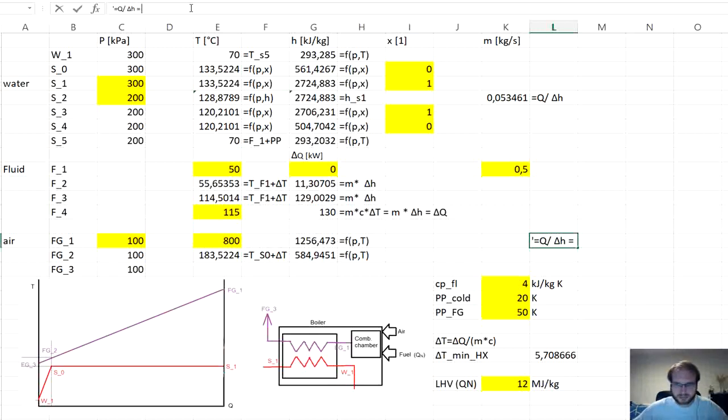And which heat will it be? It will be the heat transferred between the points S1 and S0, divided by the difference of enthalpies between the points FG1 and FG2.